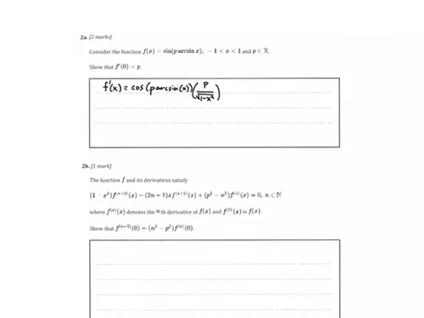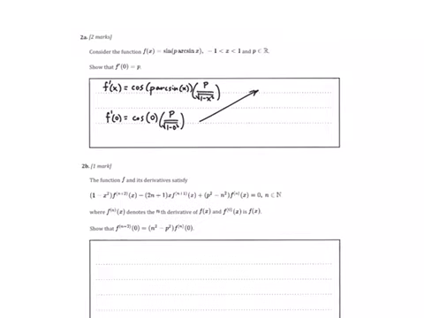All right, now if I evaluate that at 0, I'm going to get cosine of p arc sine of 0. Arc sine of 0 is 0, so p times 0 is 0, times p over the square root of 1 minus 0 squared.